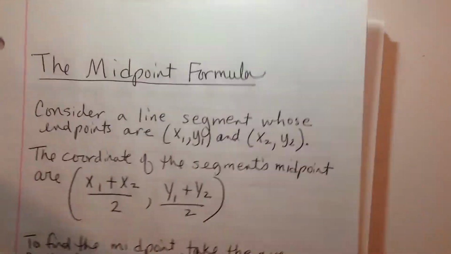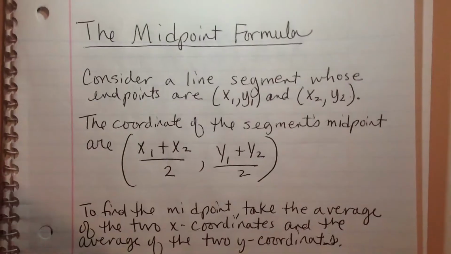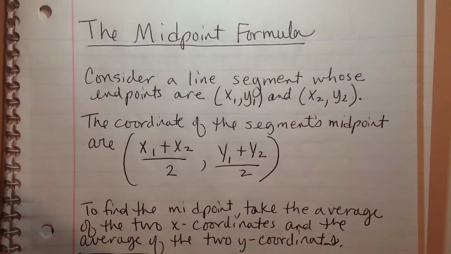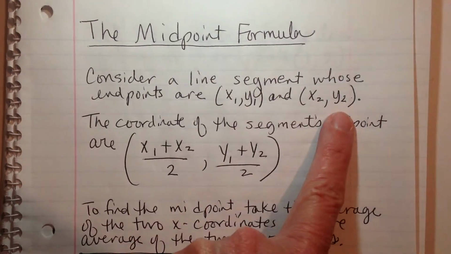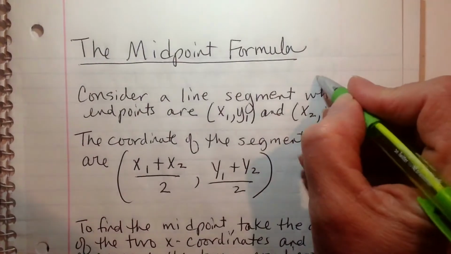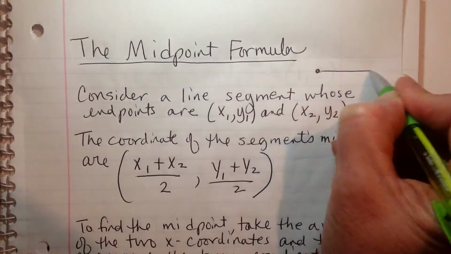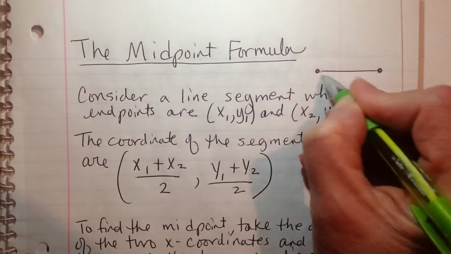The next thing I want us to look at is the midpoint formula. Consider a line segment whose endpoints are x sub 1, y sub 1, and x sub 2, y sub 2. This would be like a segment. A segment is part of a line.